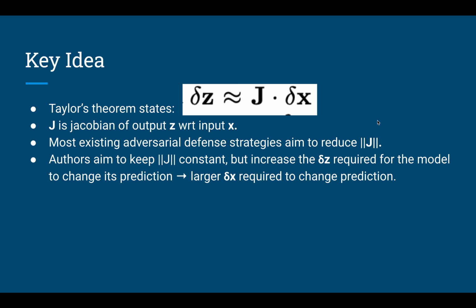Most existing adversarial defense strategies try to reduce the magnitude of this J, as doing that would also decrease the magnitude of delta z. But instead, the authors try to keep the magnitude of J constant in this paper, and instead increase the delta z required for the model to change its prediction, and this results in the adversary needing to induce a larger delta x in order to change the prediction of the model.